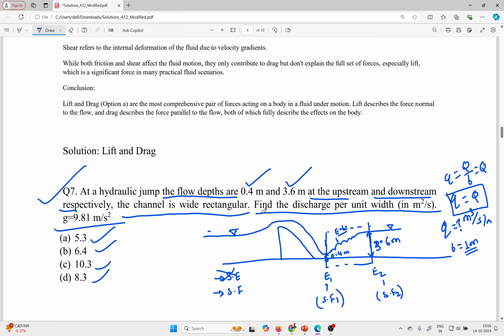Now what is the formula? The specific energy formula you know very well, V square by 2g, and your specific force formula is A h bar plus Q square by A g.